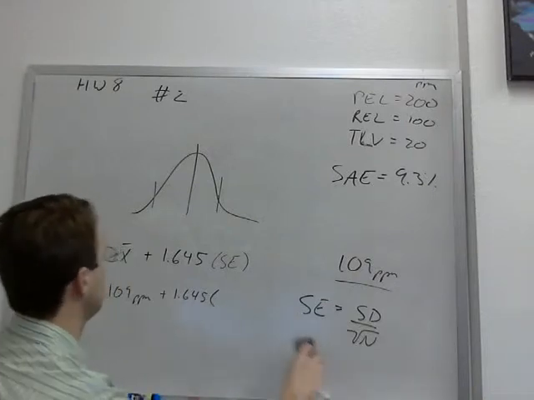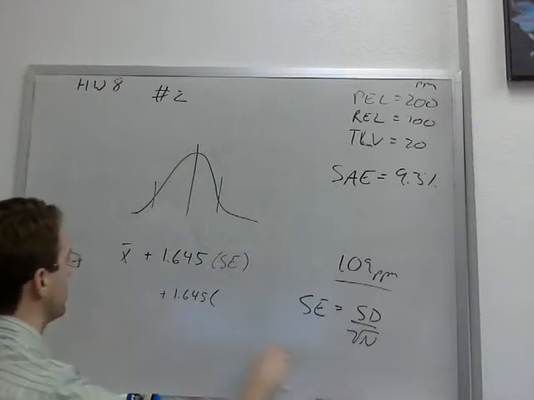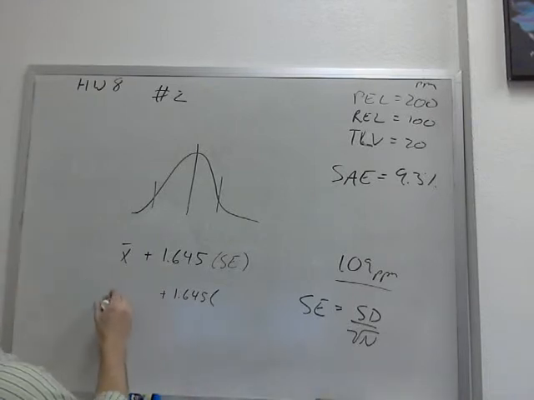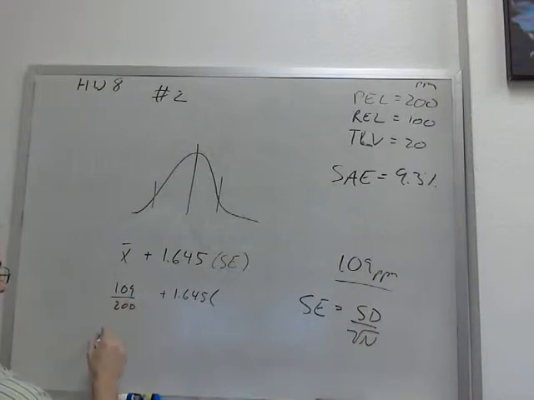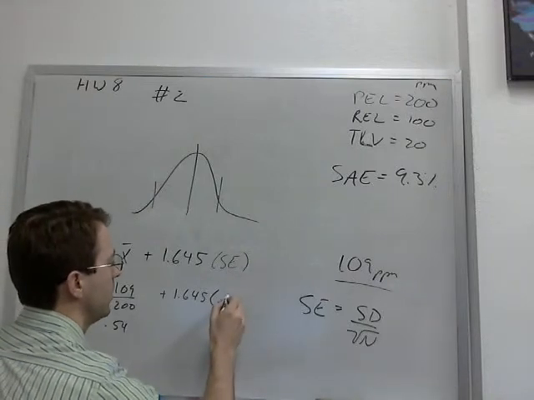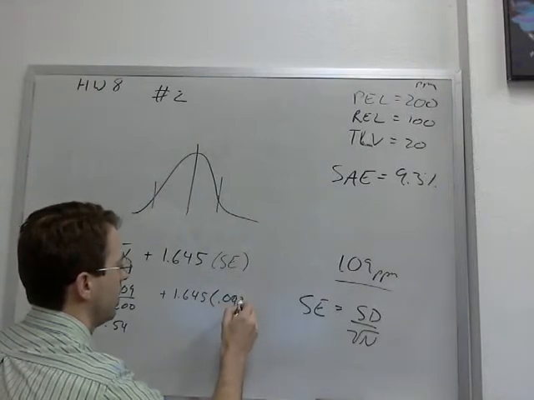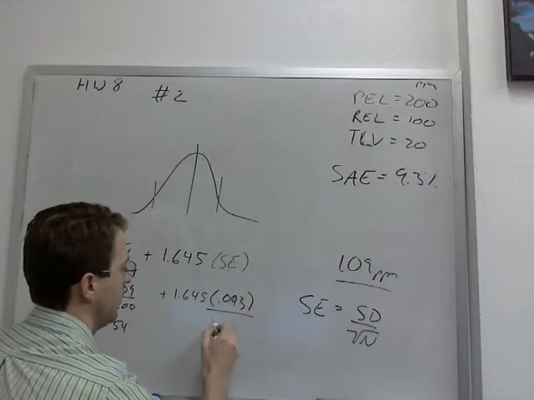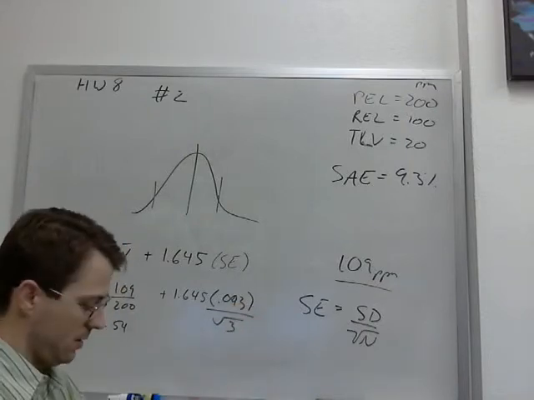Oh, I should have changed this 109 into the exposure fraction. So it would be 109 out of 200, which comes out to something like 0.54. And then this would be 0.093 divided by the square root of 3. Okay.